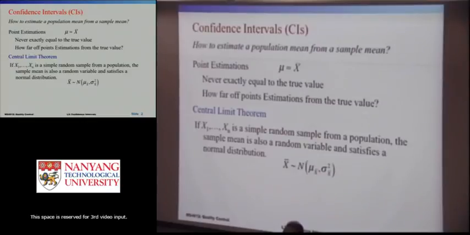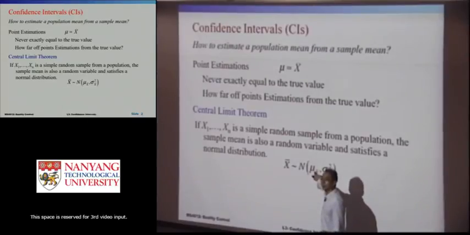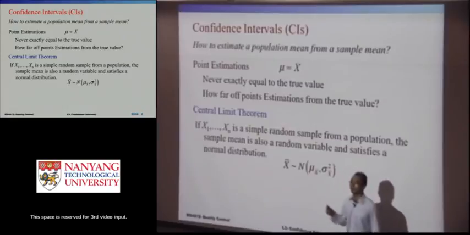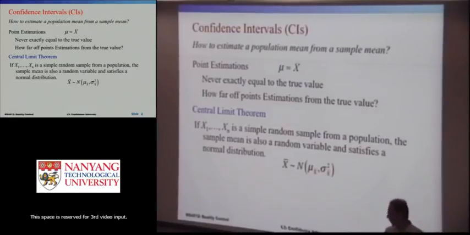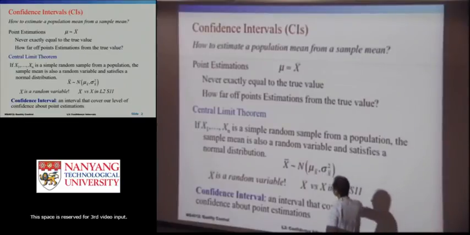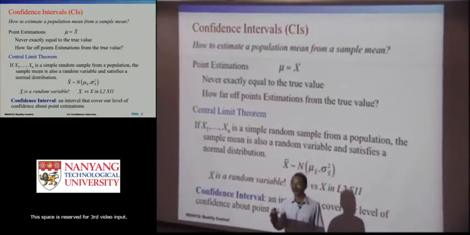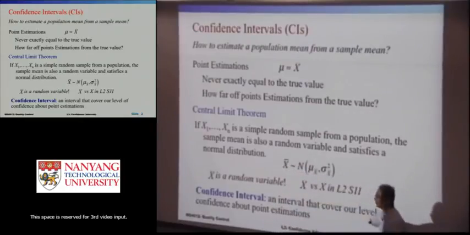X has the population mean mu x, and X bar has the mean mu x bar. Do pay attention to the bar on top of X: with a bar and without a bar mean different things. So we can use this to give a range for our estimation. X bar is a random variable and it is different from X. The confidence interval is basically an interval that covers our level of confidence about the point estimation.